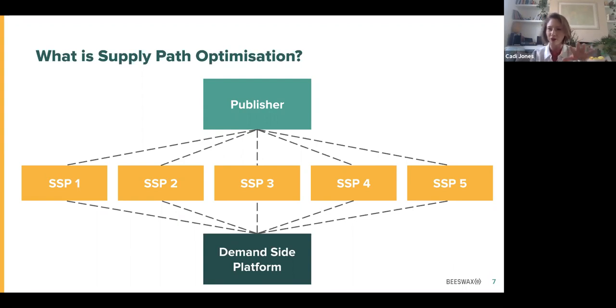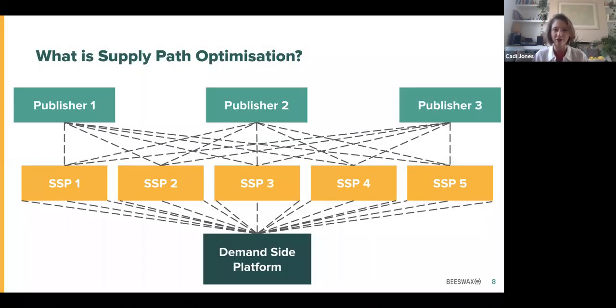This is quite a simple example with just one publisher. If we move to the scenario where we have 3 publishers, you can suddenly start to see the complexity building. In the recent ISBA report into programmatic transparency, they shared that on every campaign, there could be up to 40,000 different publishers included.